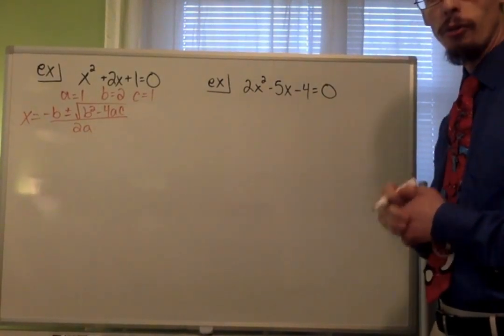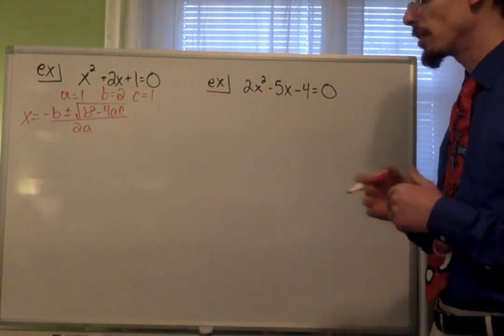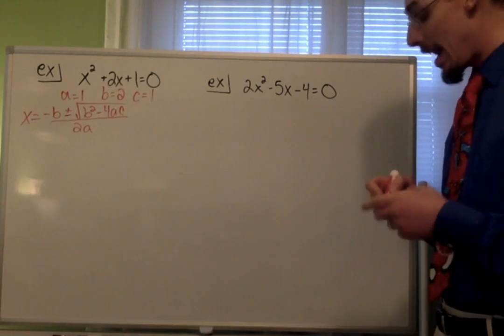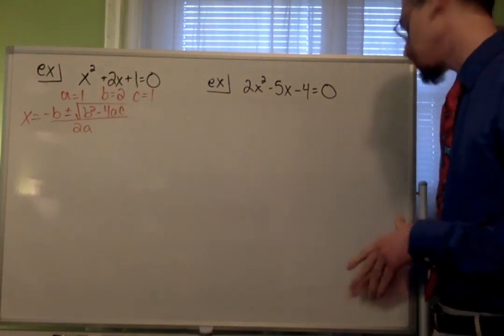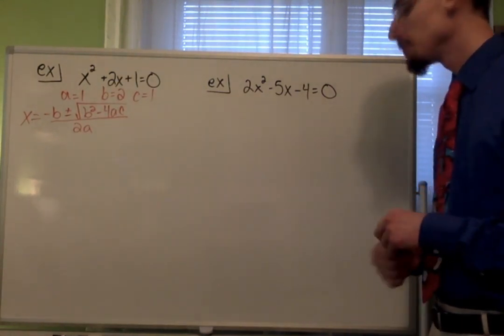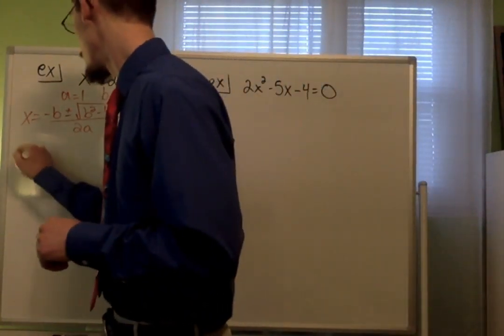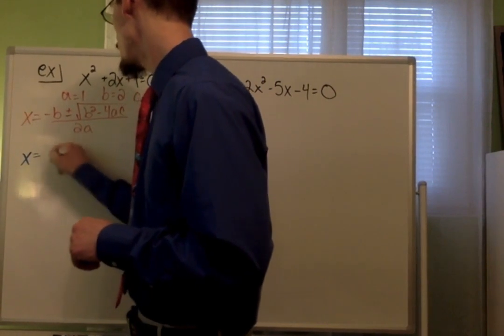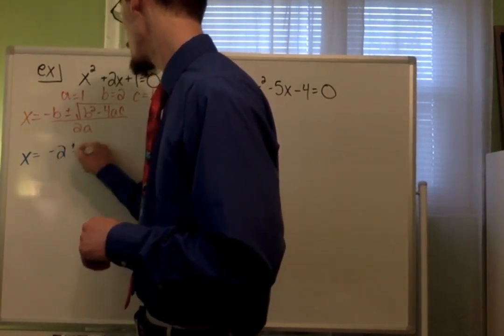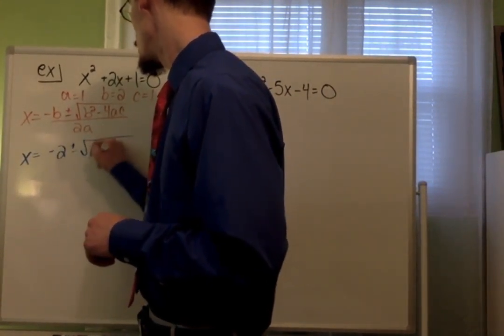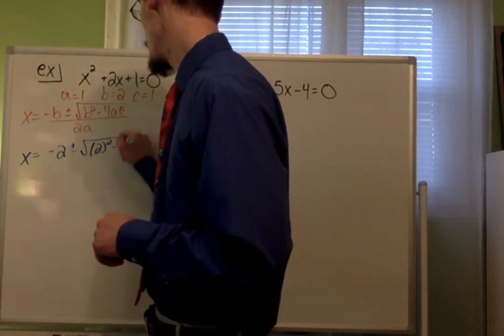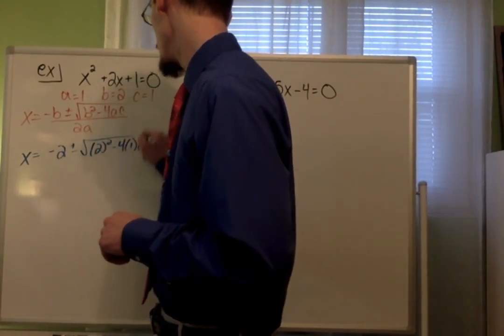The more you write the formula down, the more you will remember it. Now I'm going to plug in my numbers. So negative 2 plus or minus 2 squared minus 4 times 1 times 1, right?